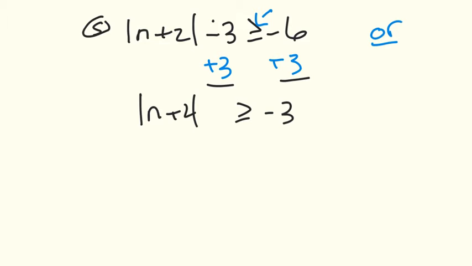Now at this point we can stop, and here's why. Whatever's in here, if we're dealing with absolute value, is always positive. No matter what I put in here, it's going to have a positive distance from 0 on the number line, which means it's always going to be bigger than -3. So I can put any number in for n, add 2 to it, and its distance from 0 will always be bigger than -3.